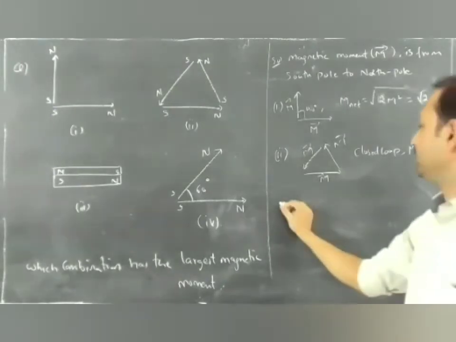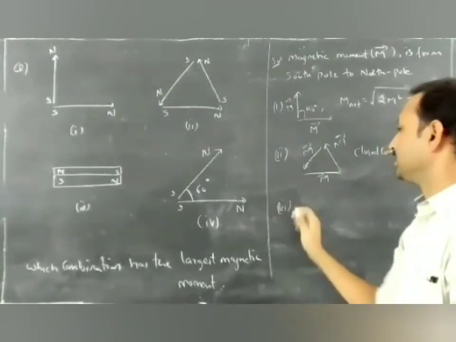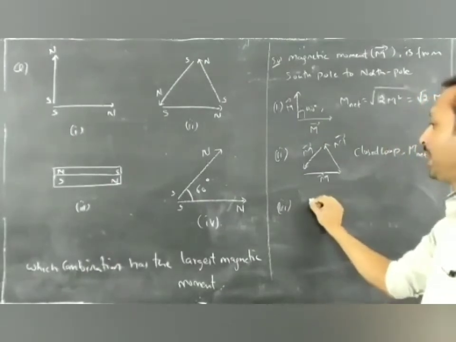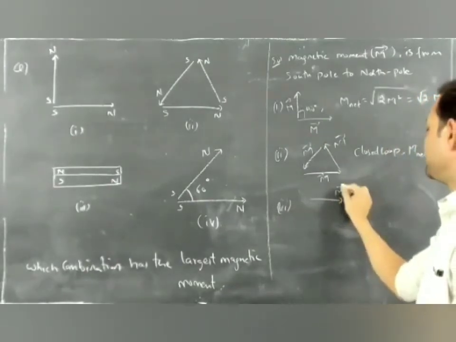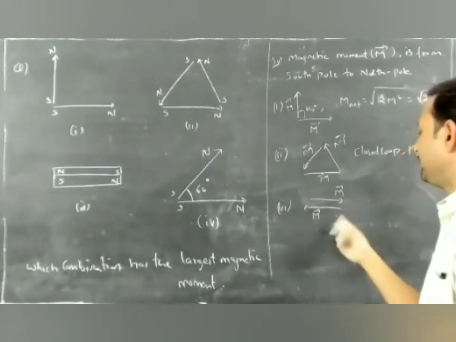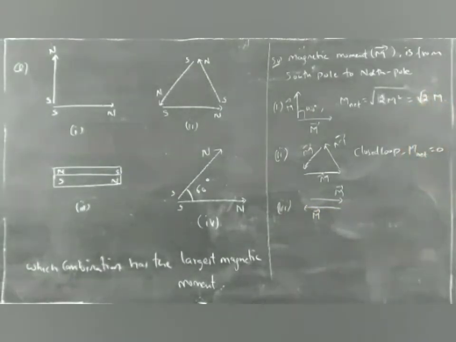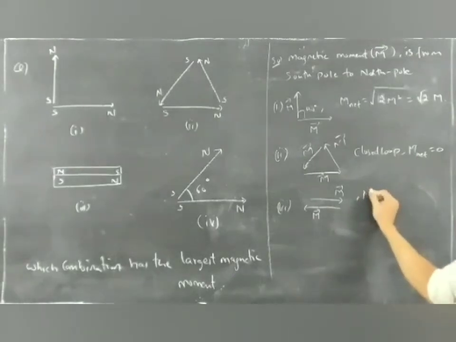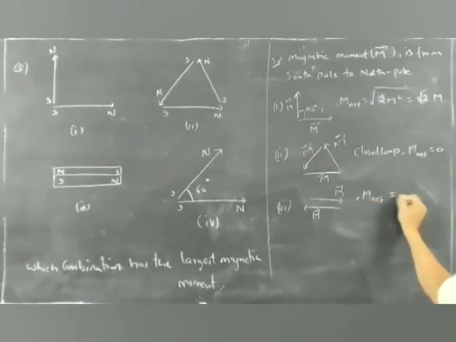Now the third one. If you observe the third diagram, one magnetic moment is in this direction, the other magnetic moment is in the opposite direction. Both are having the same magnitude but are in opposite direction. So the net magnetic moment is also 0 in this case.